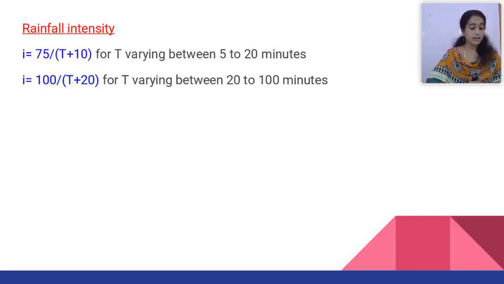You can accept this equation: I is equal to 75 divided by T plus 10, where T is the duration of rain. And the second equation, I is equal to 100 divided by T plus 20, is for T varying between 20 to 100 minutes. These are the two equations for calculating the rainfall intensity.